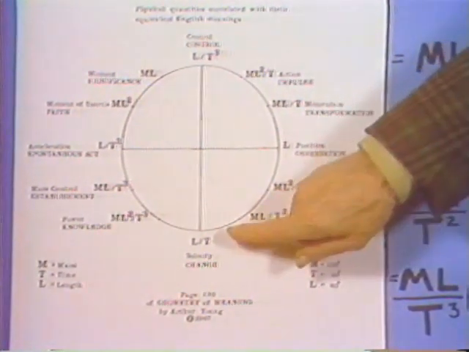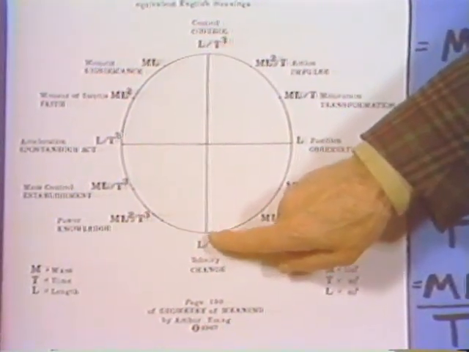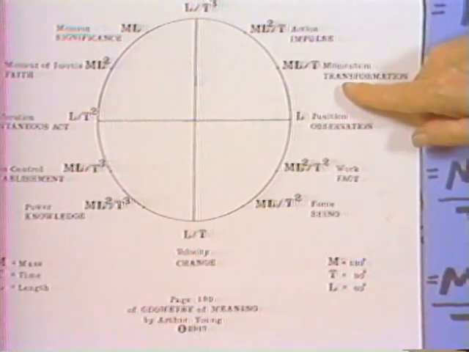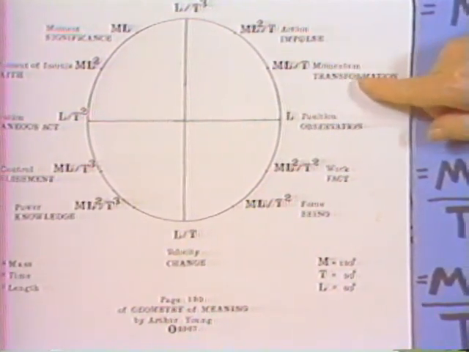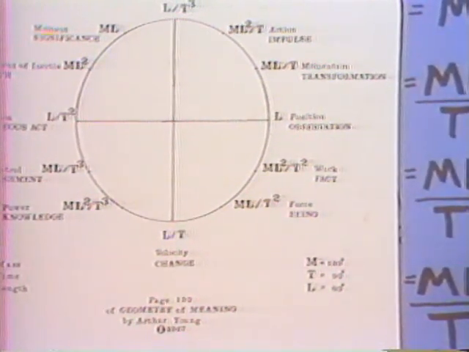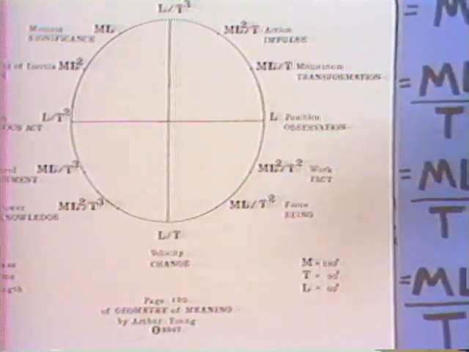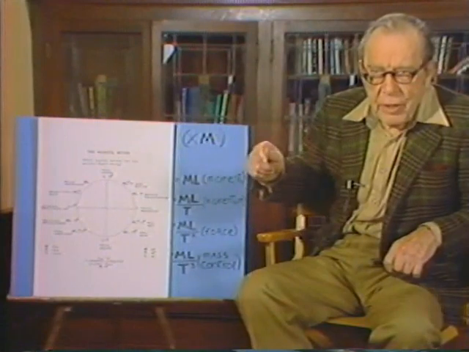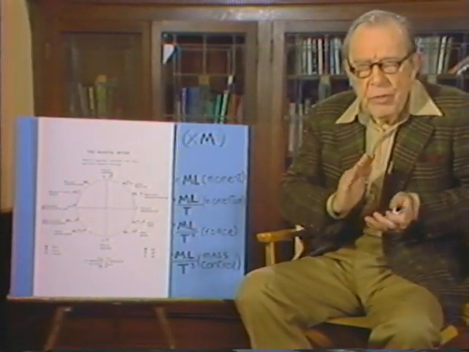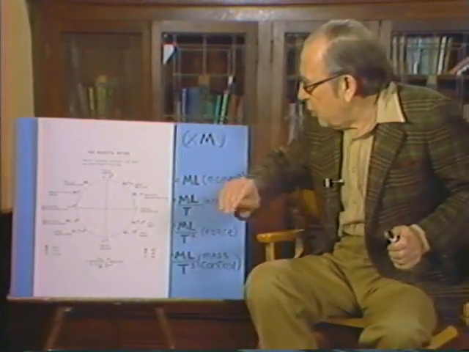The next one, multiplying velocity by mass, gives you momentum. Momentum is the way you transform things. You want to break the vase, well, you hit it with a hammer, or you want to drive in the nail. Momentum, this impact, results in change.